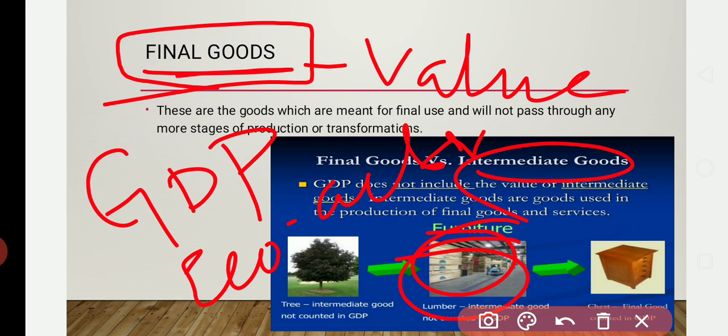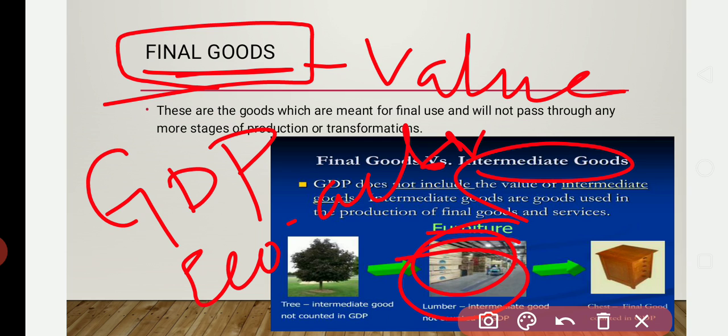Then the question will arise whether a good is a final good for all purposes. There are several goods which are used in a kitchen for cooking. For example, sugar. Sugar purchased by a household is a final good. For what purpose do we use it? For coffee, tea, making juice, ice creams and sweets, we use the sugar.